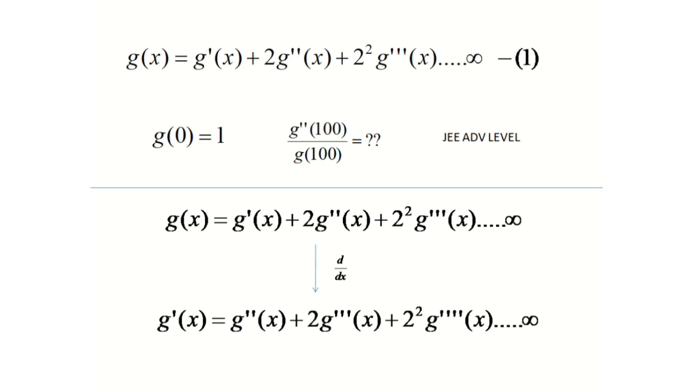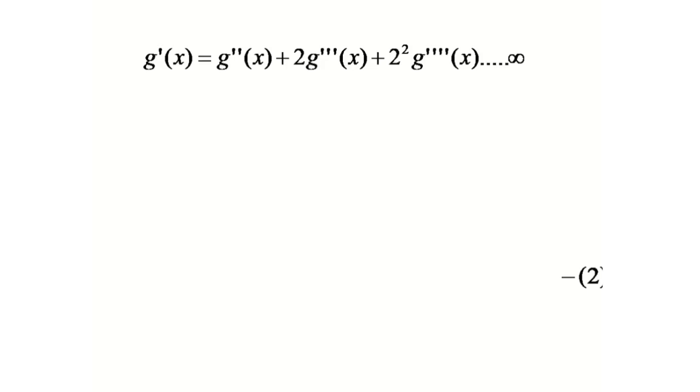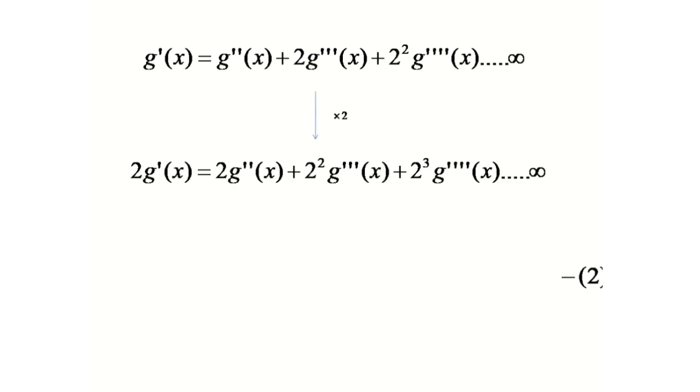Why are we multiplying it by 2? You will see later why we are multiplying this equation by 2. We will get this expression, which is just adding one more 2 in every term.